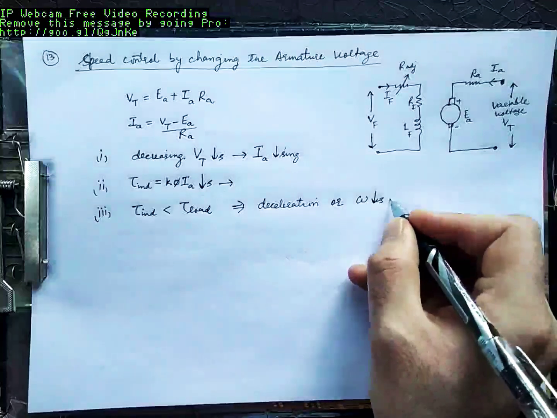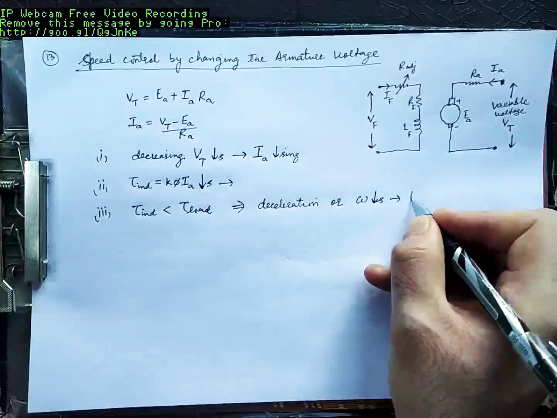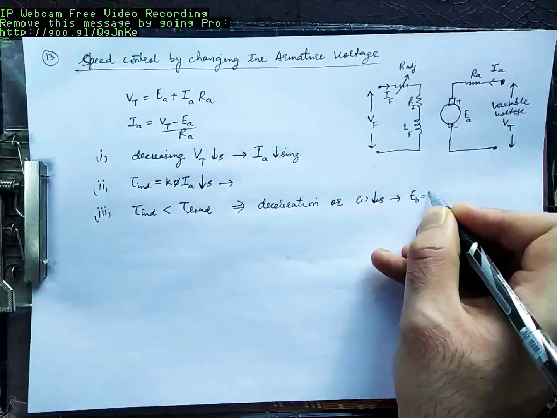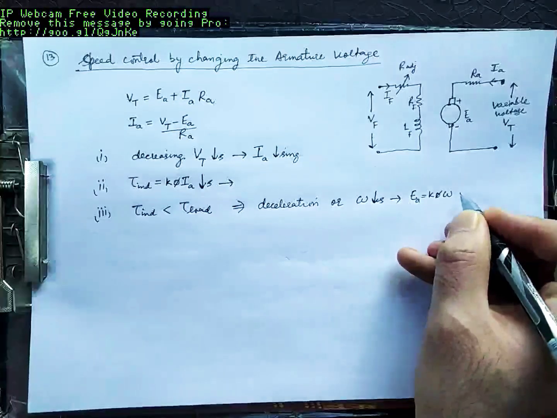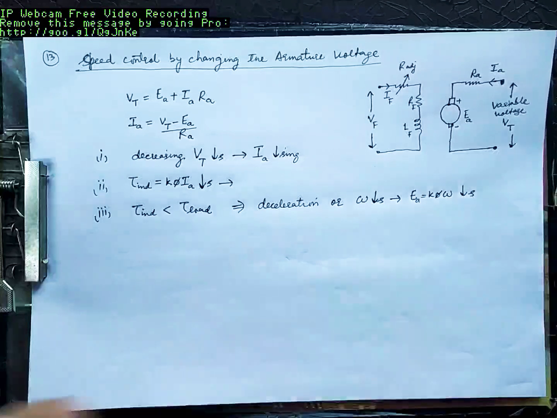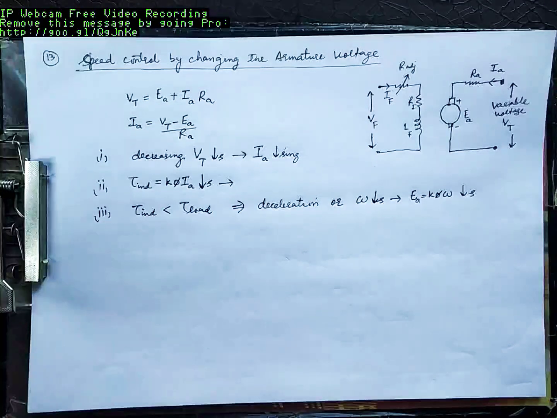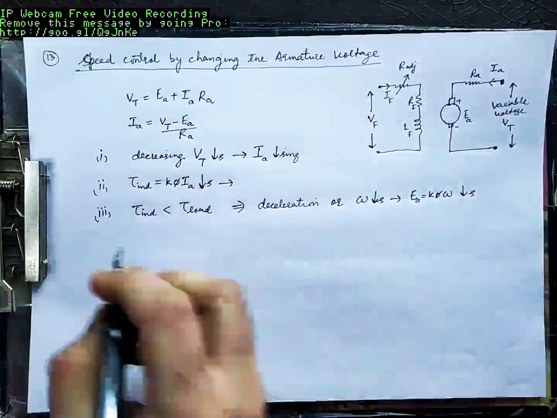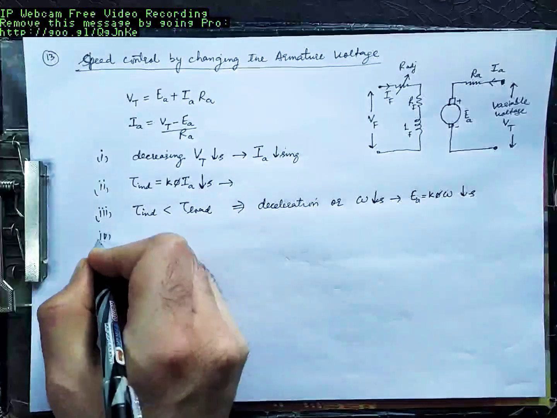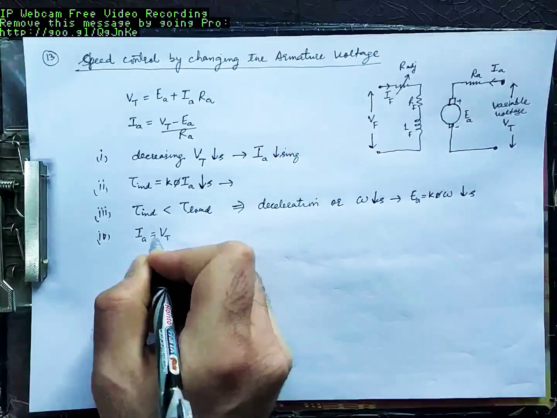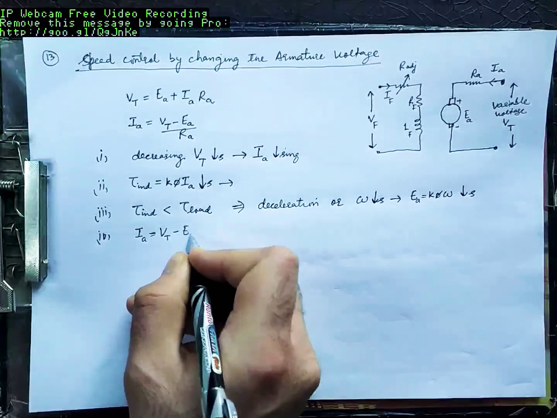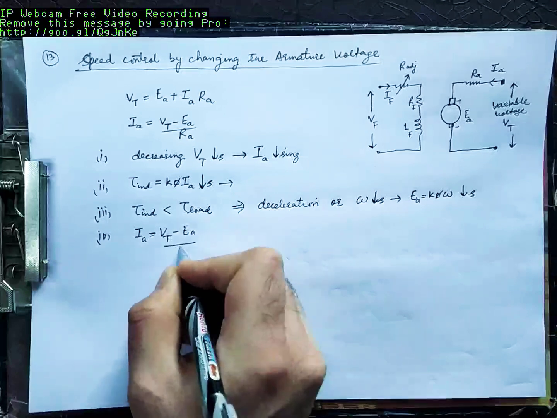When omega decreases, what happens to EA, which is equivalent to K phi omega? Omega decreases, EA will decrease. When EA decreases, what happens to IA, which is equal to VT minus EA by RA?